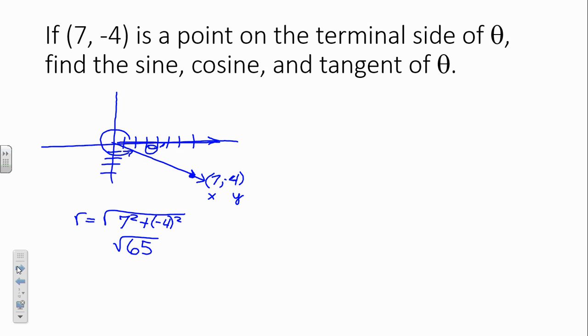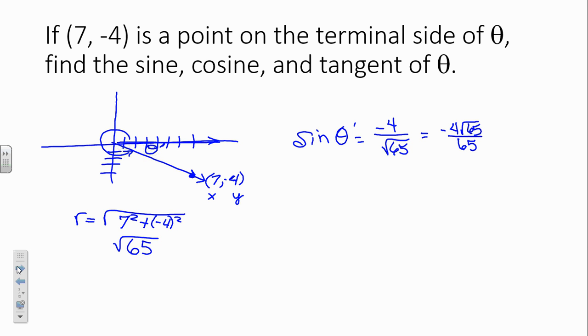So now that we know x, y, and r, the sine of our theta prime, of our reference angle, is going to be the y over the r. The y part is the negative 4. R is the square root of 65. And we can't leave a radical in the denominator, so we're going to have to rationalize it and call it negative 4 square roots of 65 over 65.